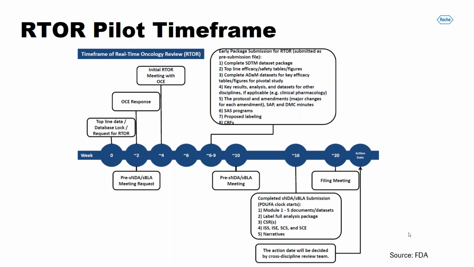And if it's positive, the first package will be sent out as early as 6 weeks after the request came to the FDA. Just to highlight 2 points dataset-wise regarding the package: the expectation is to have all SDTM datasets sent, as well as key ADaM datasets for efficacy. But as you will hear during this presentation from Hiren's and my experience, things went a little differently.